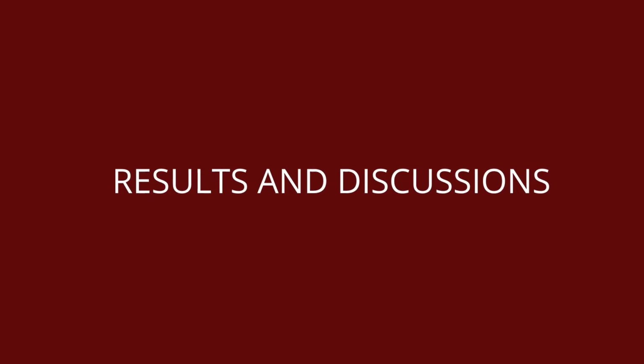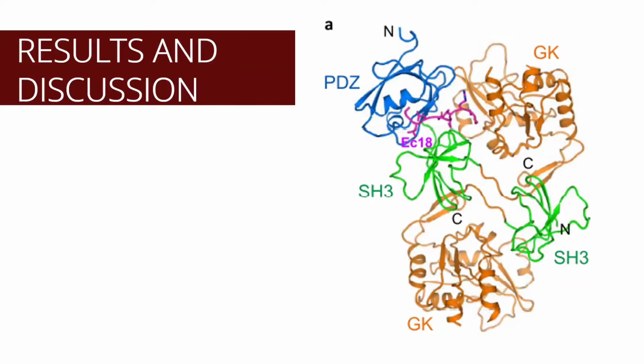The resulting 3D model is actually this picture. We can see the EC18 colored violet, and the 3 PSG domains: the PDZ, the blue one, the GK, the orange one, and the SH3 domain, the green one.